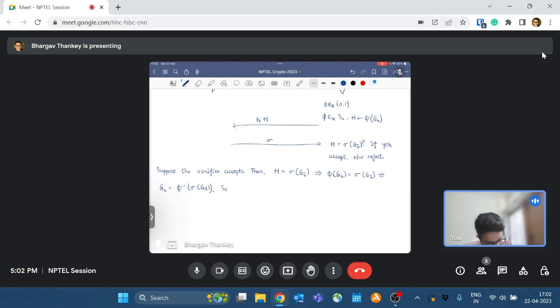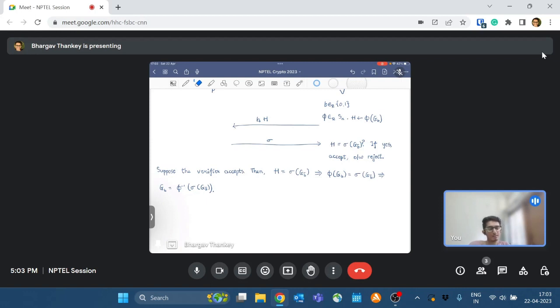So sigma is an isomorphism. Well, let me write this. Yeah, so phi inverse sigma is an isomorphism that maps GB to GB bar, right?